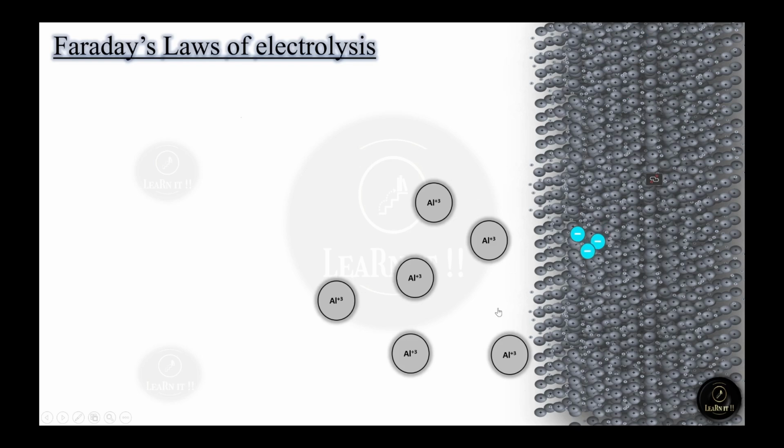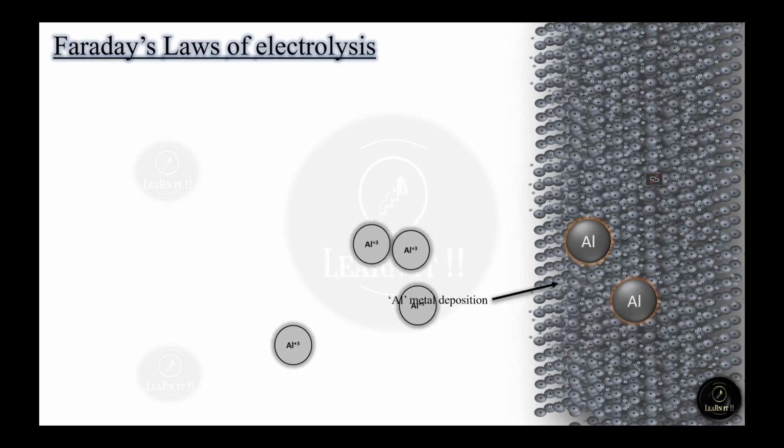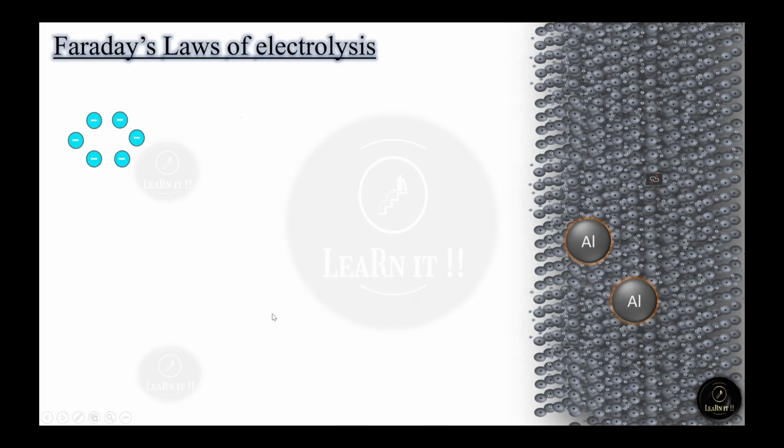So we need to provide 3 electrons so as to get one Al+3 to convert to Al atom. If we provide another 3 electrons, then another aluminum atom gets deposited. So we have provided 6 electrons and there are only 2 aluminum atoms deposited.